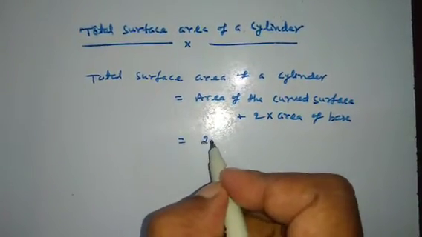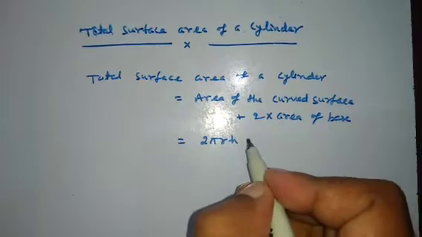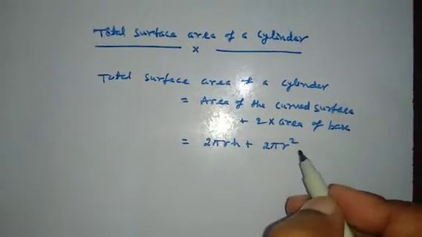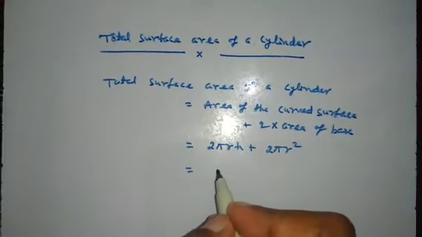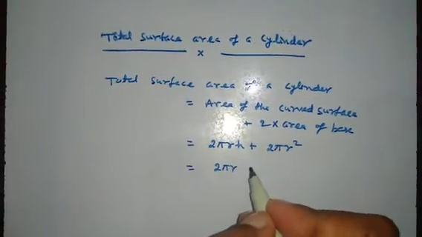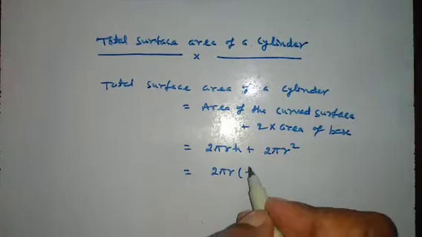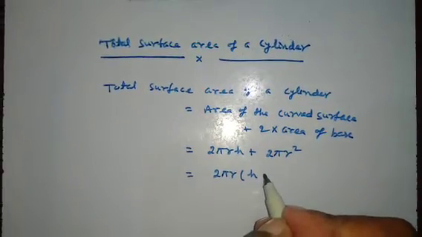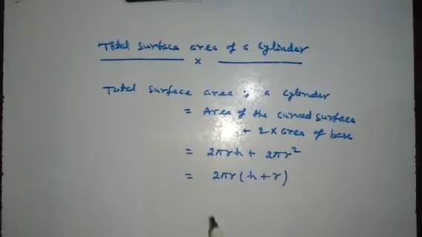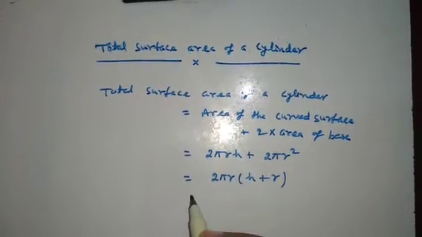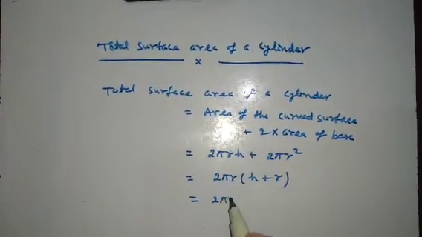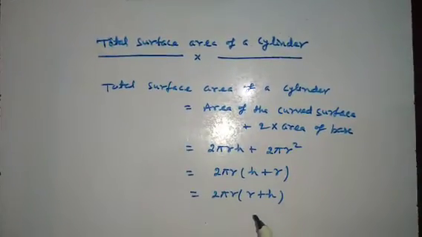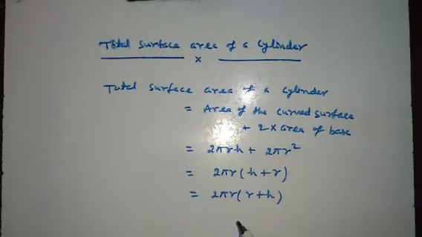So equal to 2 pi RH plus 2 pi R square, equal to 2 pi R is common, so this becomes 2 pi r into h plus r. So 2 pi r into r plus h. This is the formula of total surface area of a cylinder.